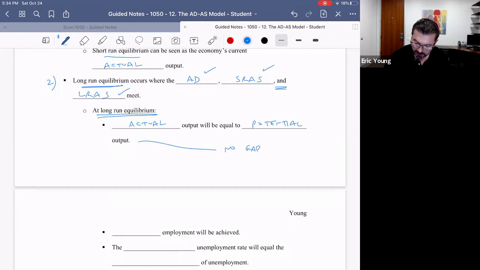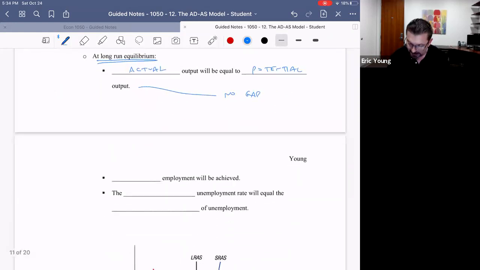We will also see, as an extension of that, that full employment will be achieved. Recall from our unemployment lecture that full employment is when cyclical unemployment is at zero. And that should make sense. If your actual output is equal to your potential output, then there is no cyclical unemployment. Therefore, full employment is achieved.